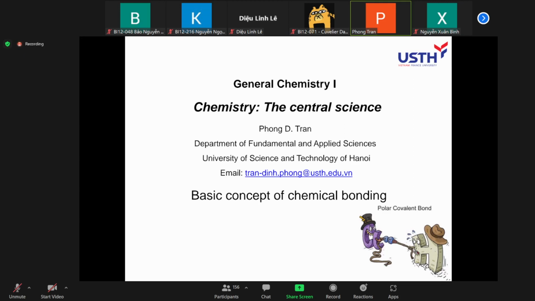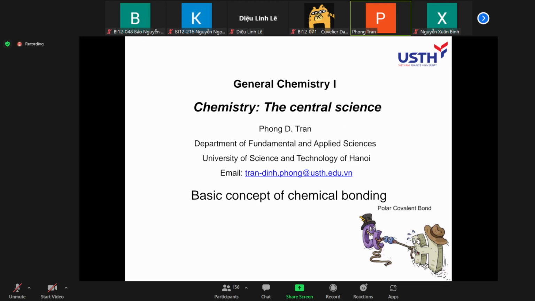So we assume that the bond strength of the C-H inside CH4 and CH3Cl will be identical. Even though we understand that when you move from CH4 to CH3Cl, the polarity of the compound will be different, so the reactivity of the C-H will be different, and of course we can expect a change in terms of enthalpy.